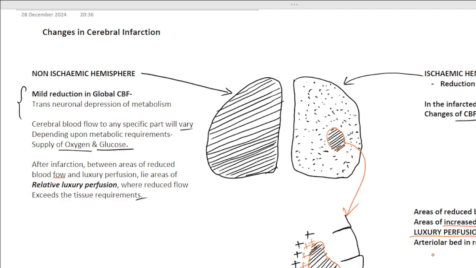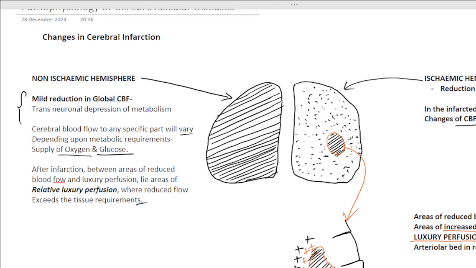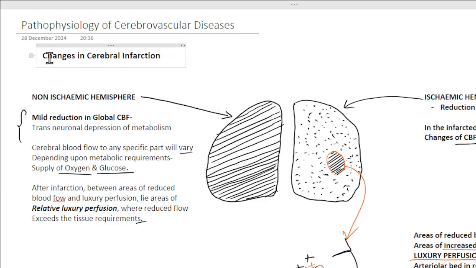Yeah. Cool. Okay. Now this was the story when we see what all the changes are in the cerebral infarction and how it is going to function when it is happening, like when the ischemic cascade is happening. That time how it is happening. But now if I say, basically what is happening immediately after that?